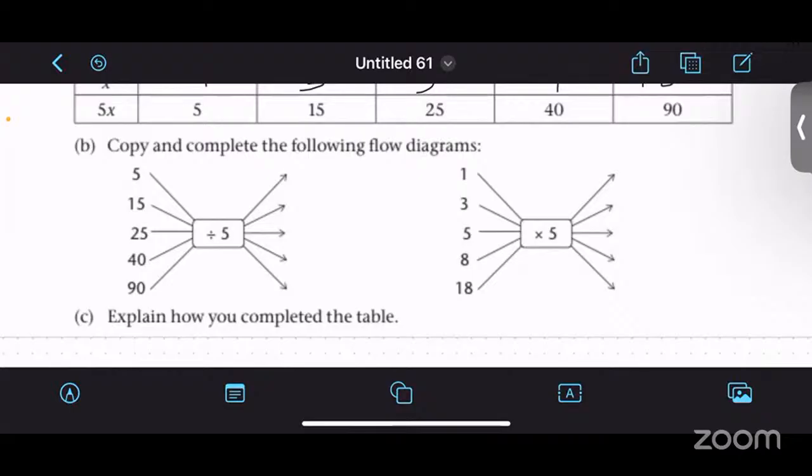Output 90 divided by 5. What is going to be our first output? Yes, 5 divided by 5 equals 1.